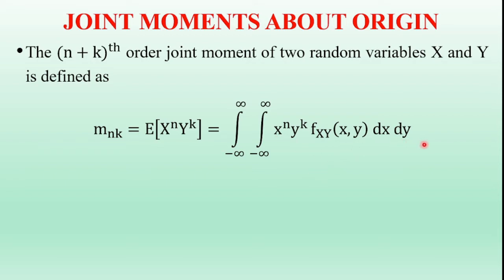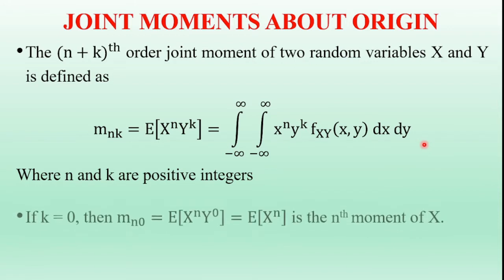So this is the definition of the n plus kth order joint moment about origin of two random variables x and y for the continuous case, where small n and small k are positive integers.